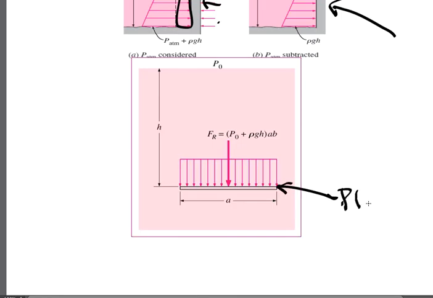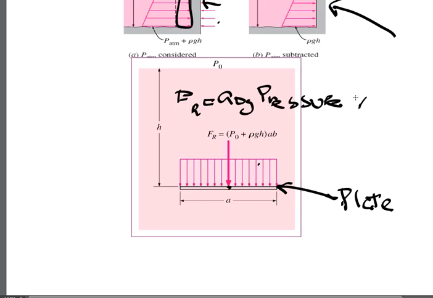Now the plate is being submerged inside this liquid here, and the depth is H, and you have pressure acting normal to the plate, and the resultant force, which is the force acting on this plate, is going to be at the centroid of this plate here, and the resultant force is actually the average pressure times the area of the plate.